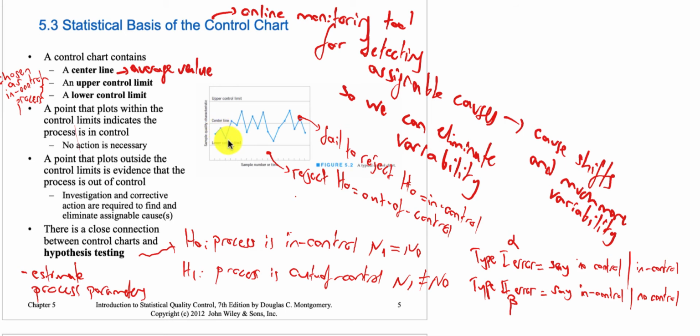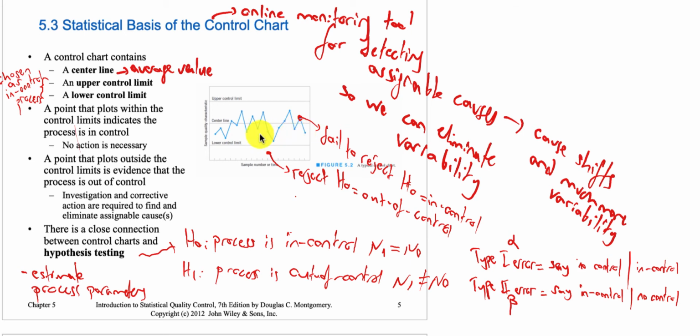The points are representing something: the samples' quality characteristic value. It can be an average, it can be a range. We will talk about this later, but let's assume we are just looking at an average value in the samples. These dots represent the sample averages, for example.